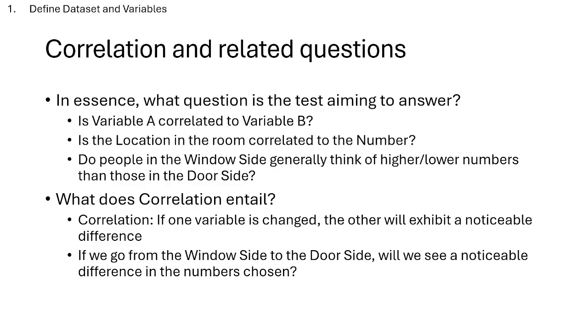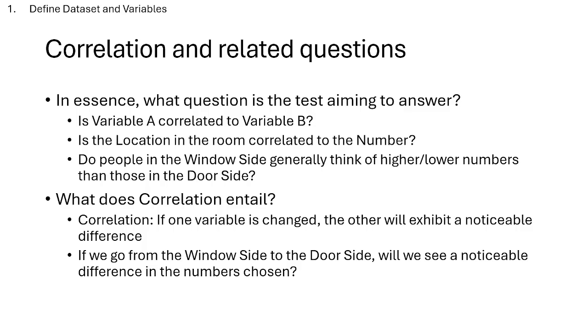When we look at number versus student, we're asking, does the number thought by the students on one side of the room statistically differ from those on another side of the room, right? That is correlation. It's just not in the way I defined it earlier.